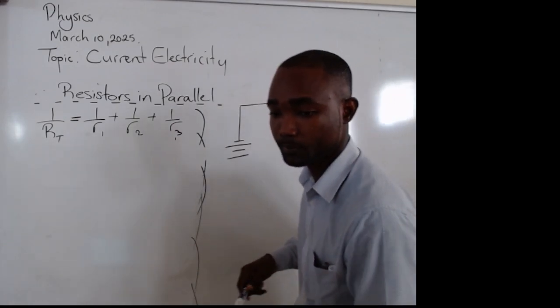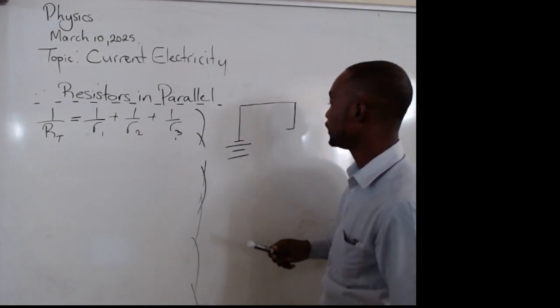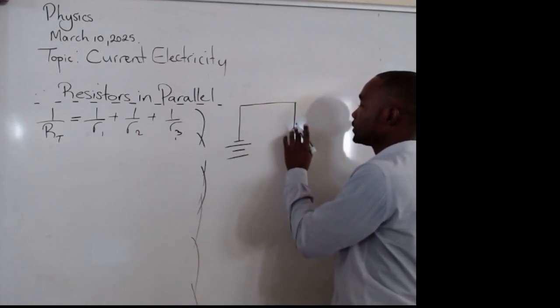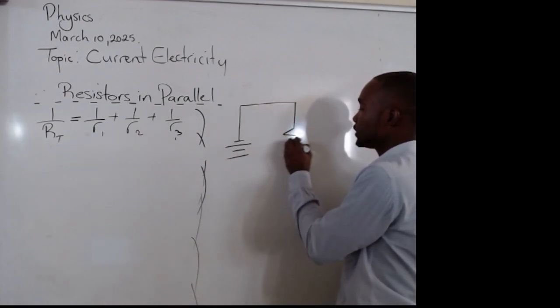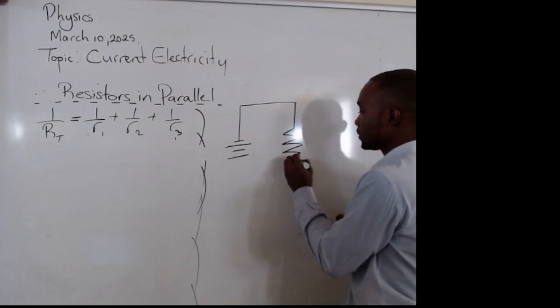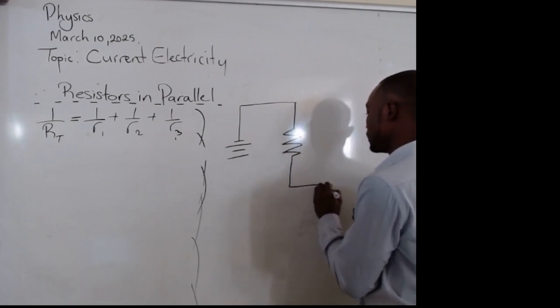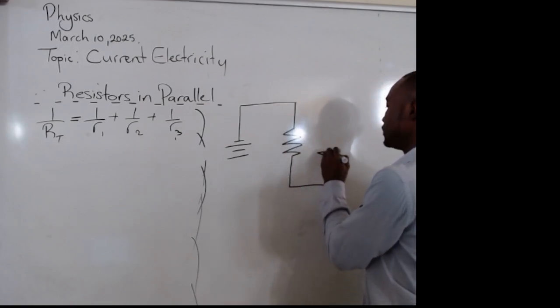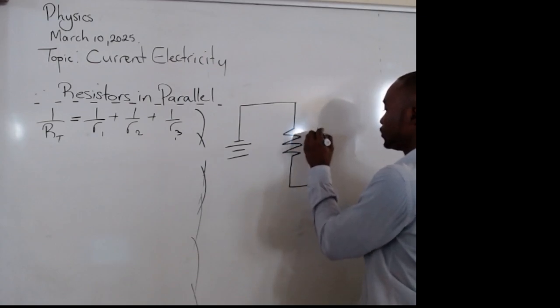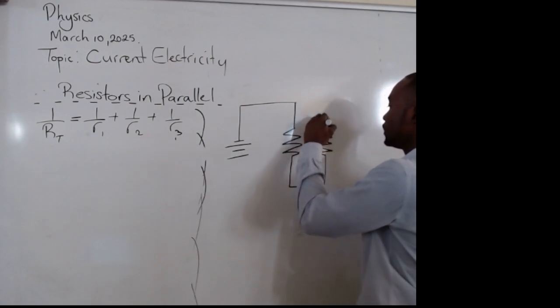It has two branches. That means it has two resistors. As I said, sometimes you have two branches, two resistors, sometimes you have more.